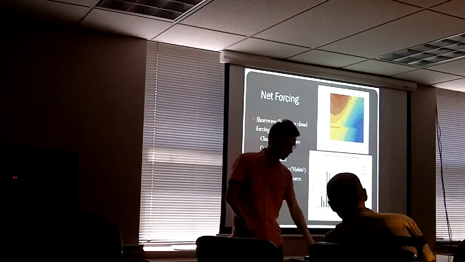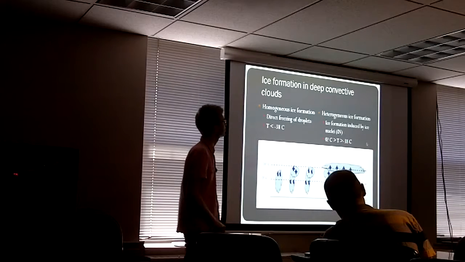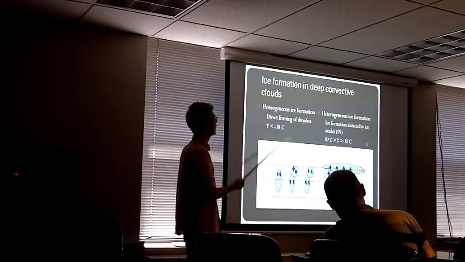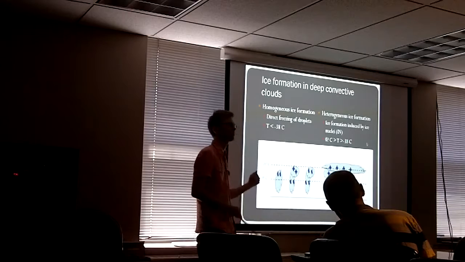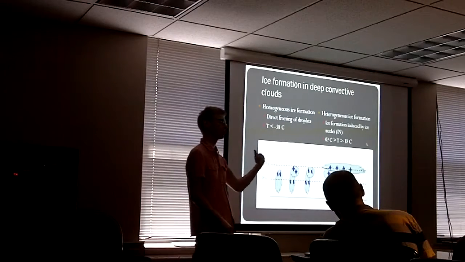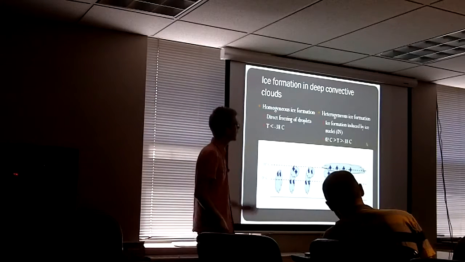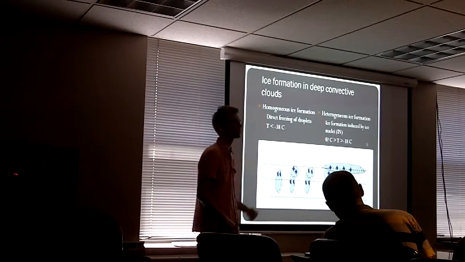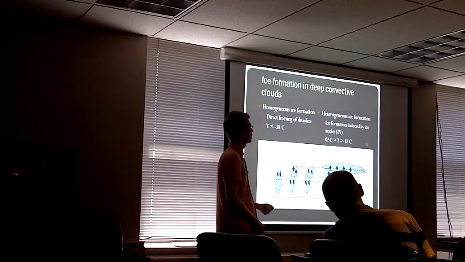So something about ice formation in these deep convective clouds. There are basically two ways to form ice. By homogeneous ice formation, which is the direct freezing of drops, which only occurs when you get to temperatures lower than around -38 Celsius. For warmer temperatures, you can have heterogeneous ice formation, which is induced by an ice nucleus, so an IN.